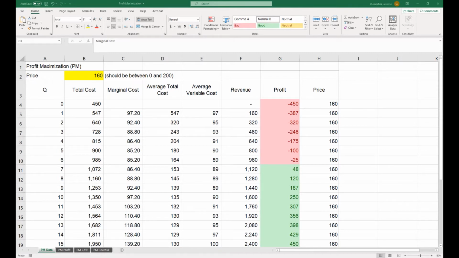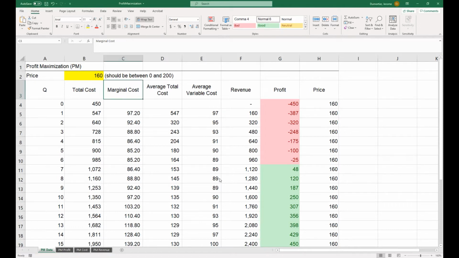So if the marginal revenue is bigger than the marginal cost, you're going to produce and sell that additional unit. And if the marginal revenue is smaller than the marginal cost, then you're not going to sell that unit. So in the profit maximizing situation, the marginal revenue, or the additional revenue that you're getting, which in this case is the price of $160, is equal to the marginal cost.